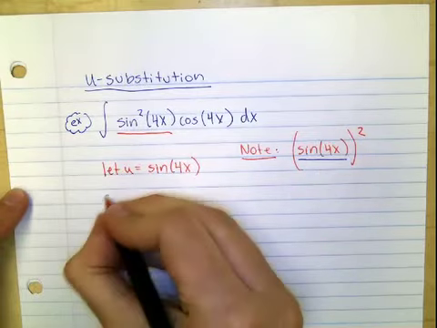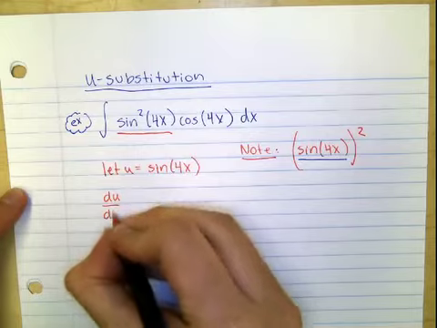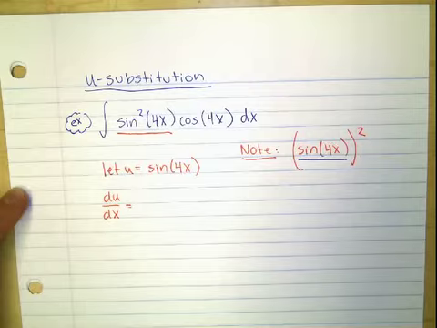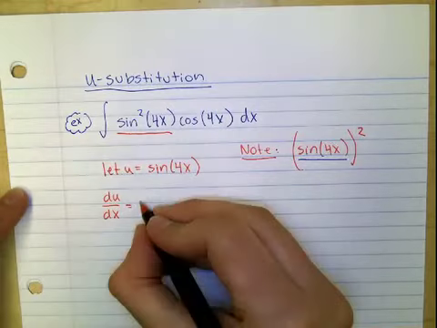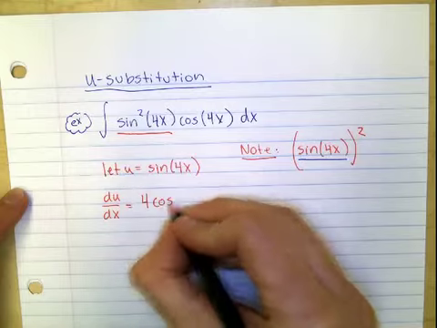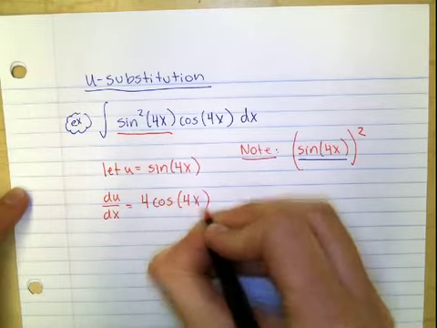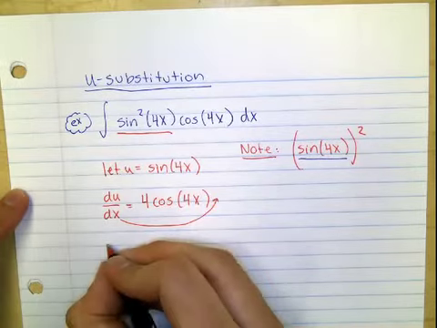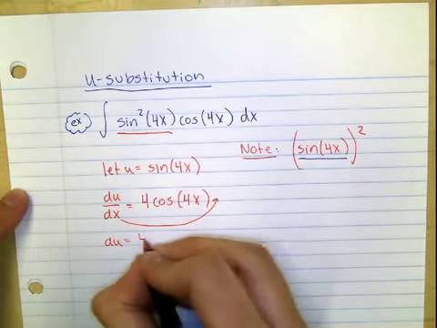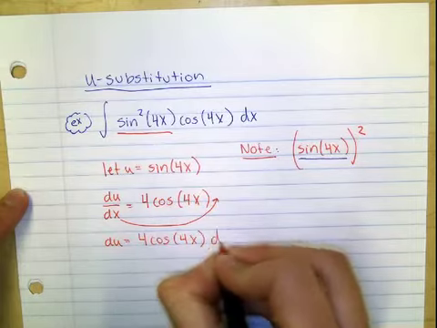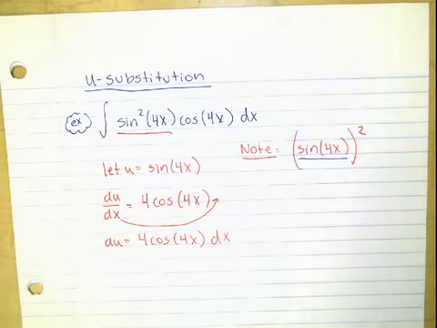And then if I move on to step number 2, I find my derivative, du dx. Sine 4x derives using the chain rule. So the derivative of the inside is 4. Derivative of the outside is cosine, keeping the inside, 4x. And then I'll move my dx over, and I end up with du equals 4 cosine of 4x times dx, which is actually just about perfect.